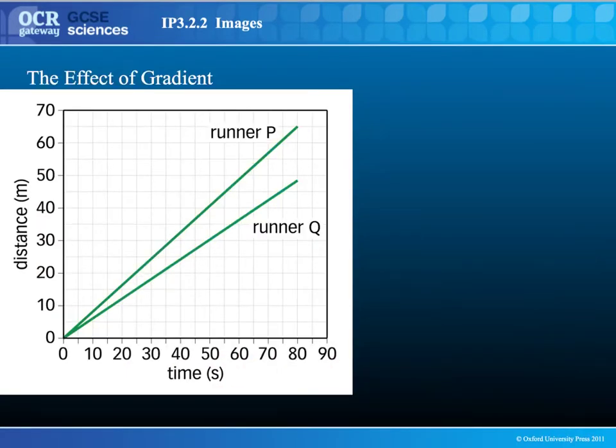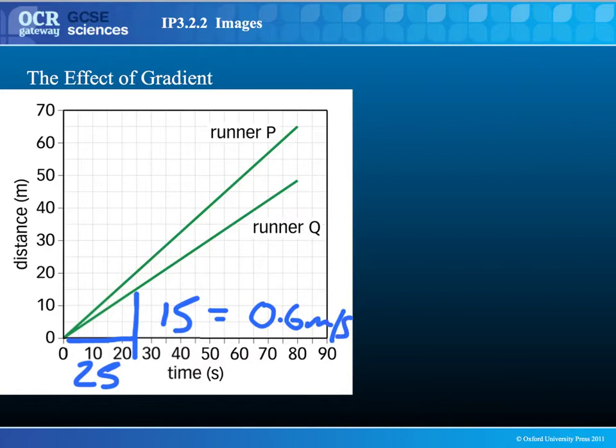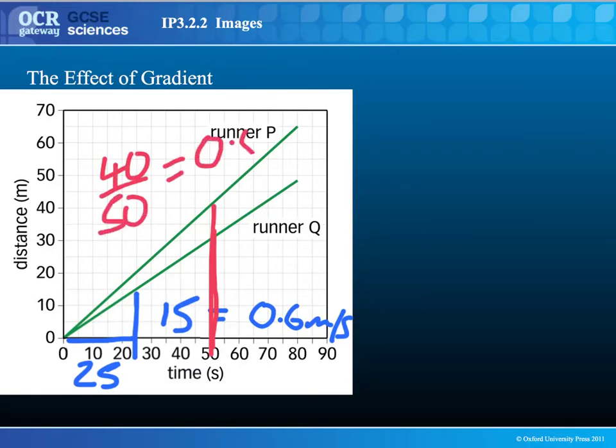It doesn't matter where on a straight line graph that you construct your gradient, it's just about picking some useful and appropriate points. This triangle that I've selected here has a height of 15 and a base of 25, giving a speed of 0.6 meters per second, whereas the second triangle for runner P has a height of 40 and a breadth of 50, giving a speed of 0.8 meters per second.